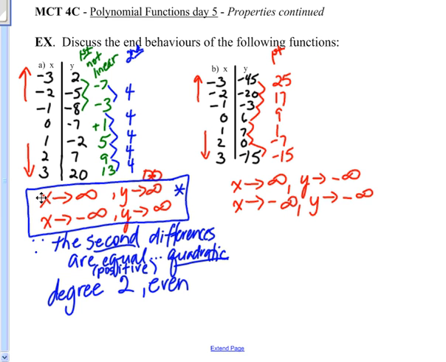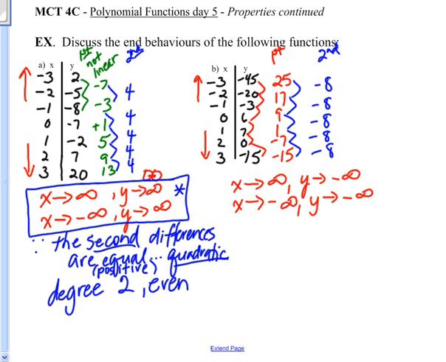Second differences. I'm going to be comparing my first differences. 17 take away 25 is -8. 9 take away 17 is -8. 1 take away 9, -8, -8, -8.